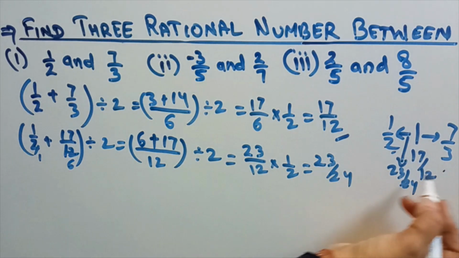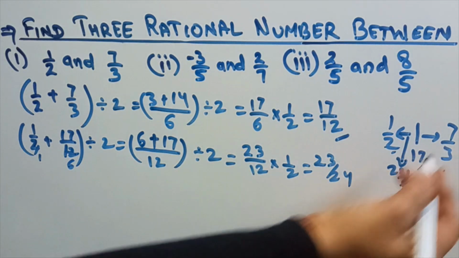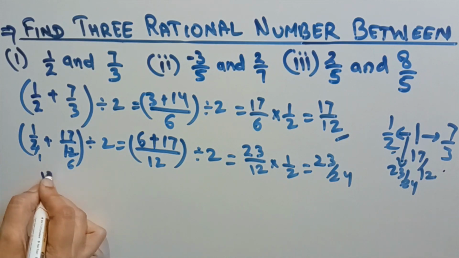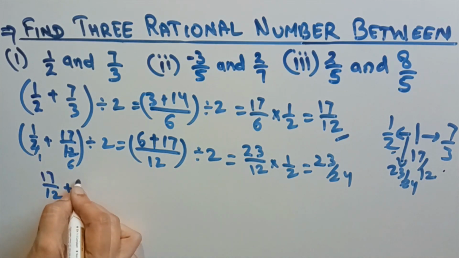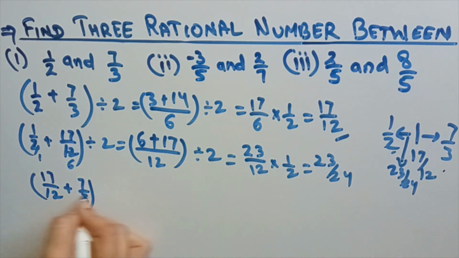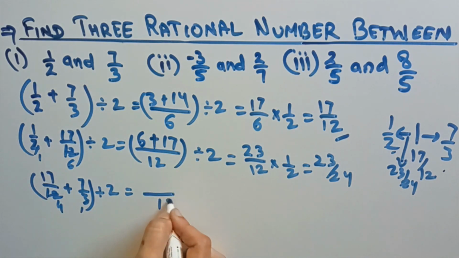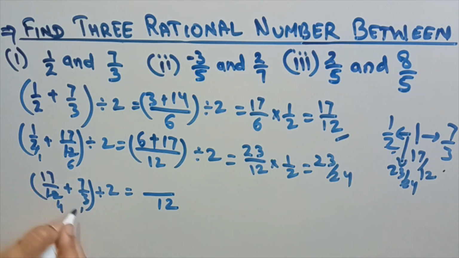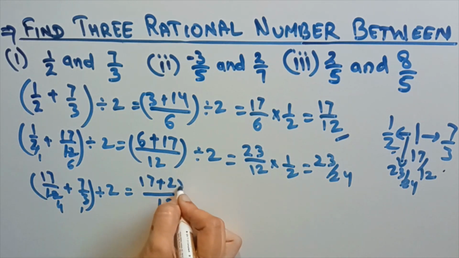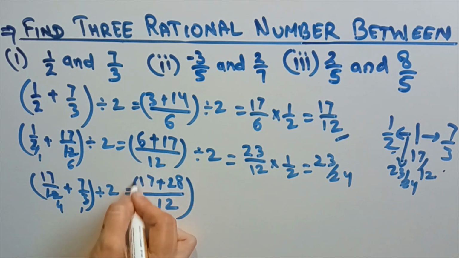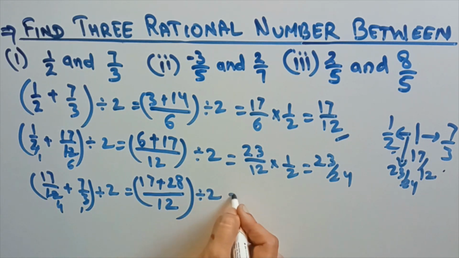Now I am taking these two, 17 by 12 and 7 by 3. So 17 by 12 plus 7 by 3, this divided by 2 is equal to, now multiply, or you can take LCM also. 3 ones are 3, 3 fours are 12. So 12 here, 17 ones are 17 plus 7 fours are 28, divided by 2.